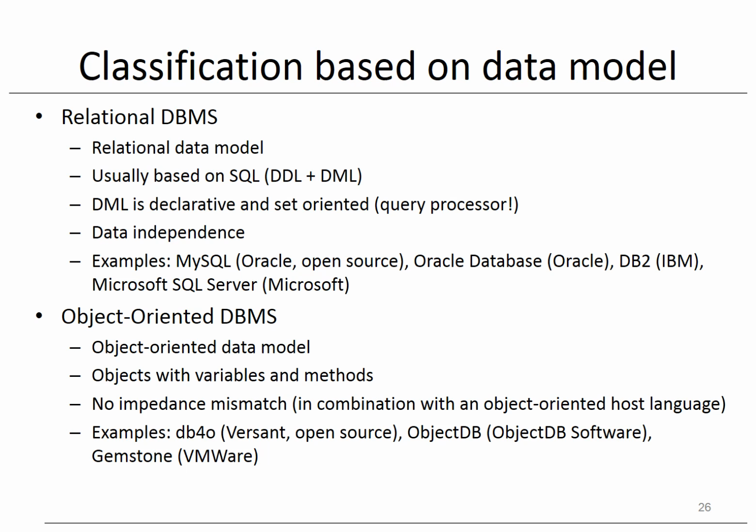Object-oriented DBMSs are based upon the object-oriented data model. Remember, an object encapsulates both variables and methods. When combining an OODBMS with an OO programming language, there is no impedance mismatch, since the objects can be transparently stored and retrieved from the database.